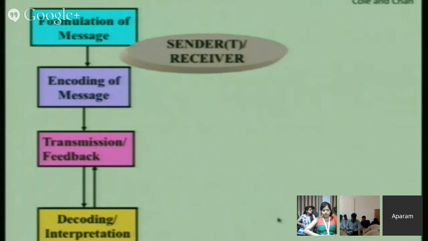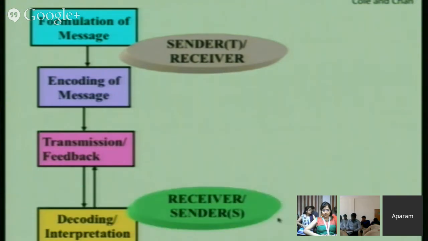By the students. So the receiver does the decoding and tries to send feedback in terms of responses to the question, in terms of head nods, in terms of smile, in terms of attention given to that content, right? And at times, the student becomes the sender of the message and the teacher becomes the receiver of the message.